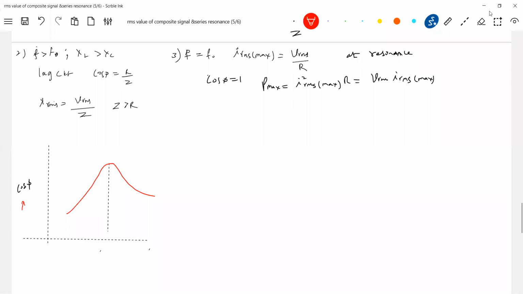There's the power factor, that is cos phi, and it will be equal to 1 here. This is very important. It cannot be greater than 1. The maximum value will be equal to 1. And this is the resonant frequency. Lead circuit, this is a lag.